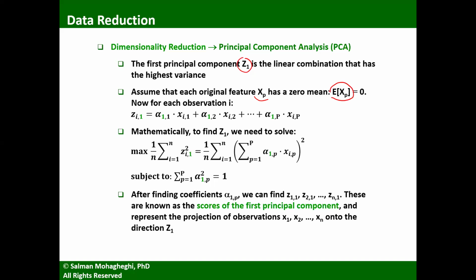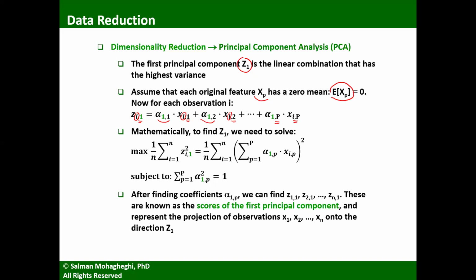With that assumption, now for each of the observations, I can say observation number i along the new dimension 1 is going to be a loading coefficient alpha 1,1 times observation number i along the original dimension number 1, plus, again, another coefficient alpha 1,2 times observation i along the second original dimension, and so on, all the way up to dimension p.